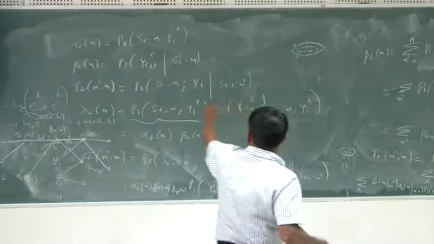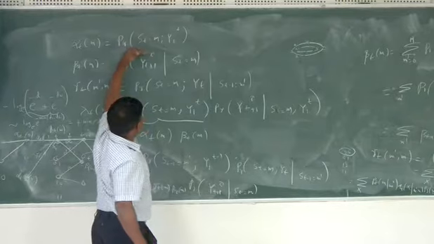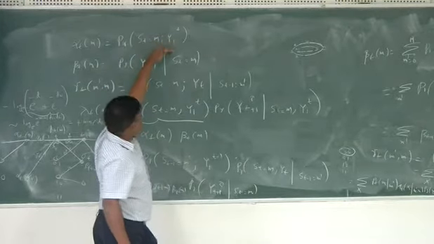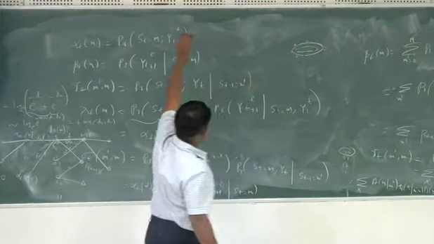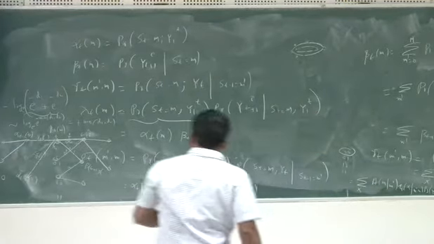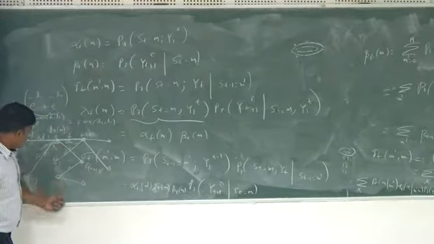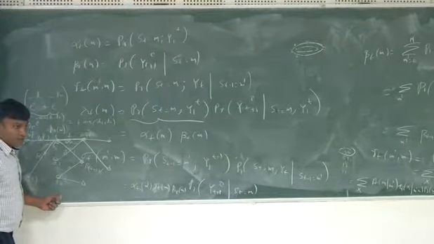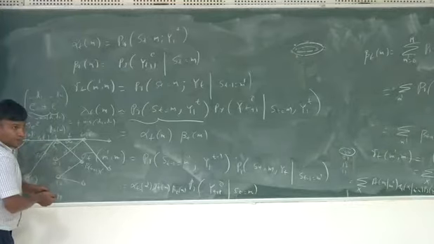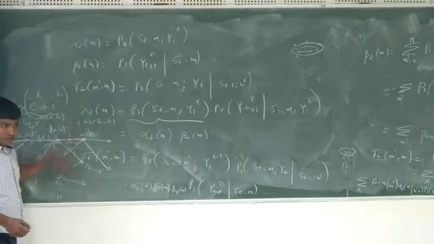We have to divide this by the original one. So for that, what you do is at every stage, you get the APPs of the states, and you add all of them, multiplied by some constant so that the sum is equal to 1.